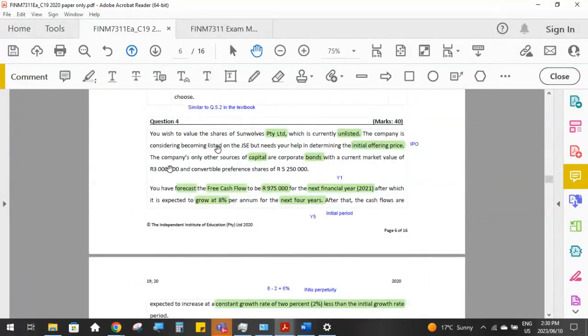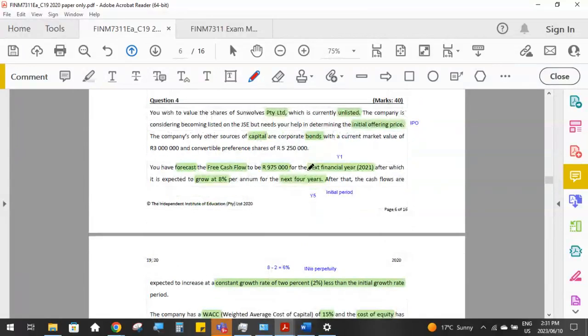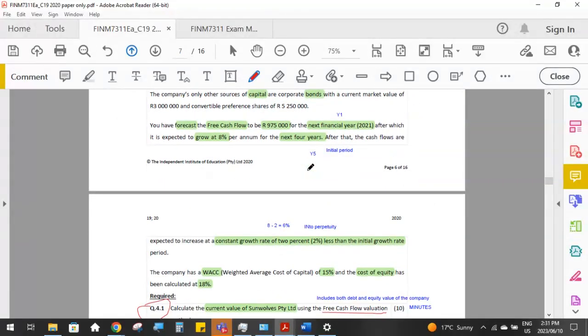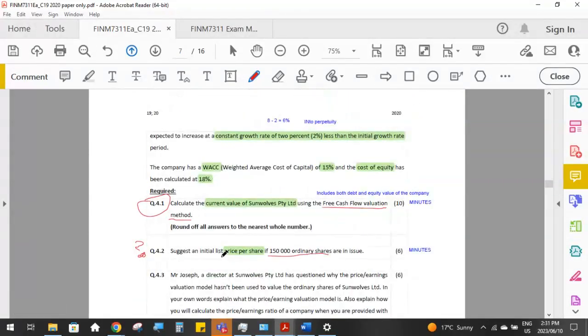They've said the company's other sources of capital currently are corporate bonds with a value of 3 million and convertible preference shares with a value of 5.25 million. So those two amounts currently form part of the capital value of the company. And we've got to take that into account because all they've asked us to value here is just the share price.